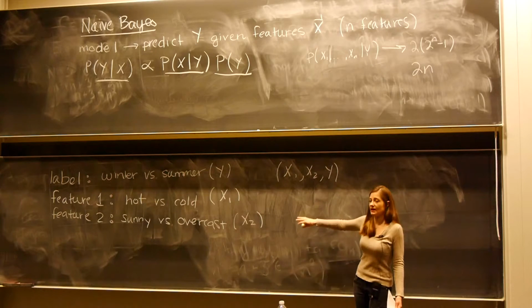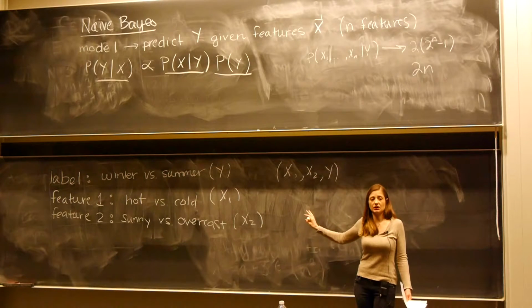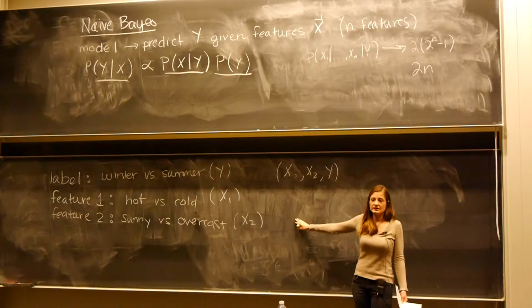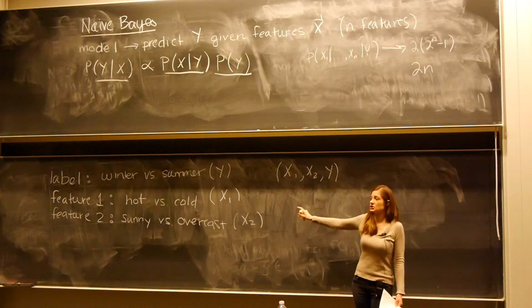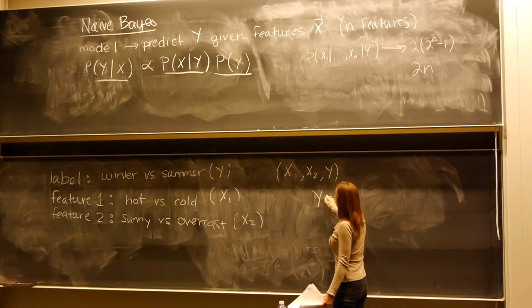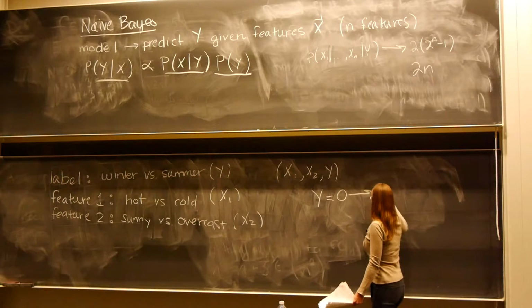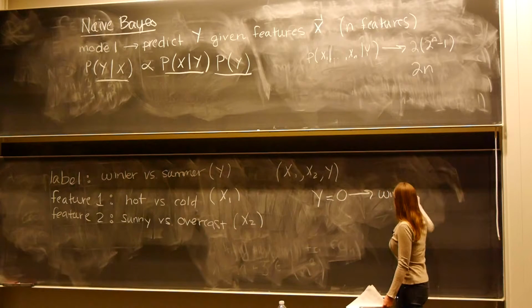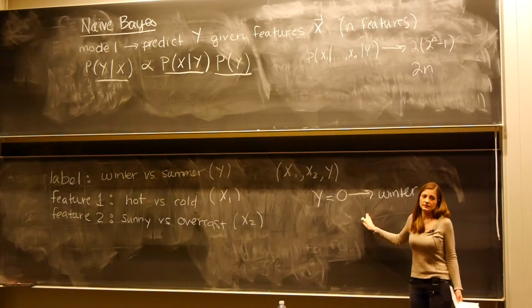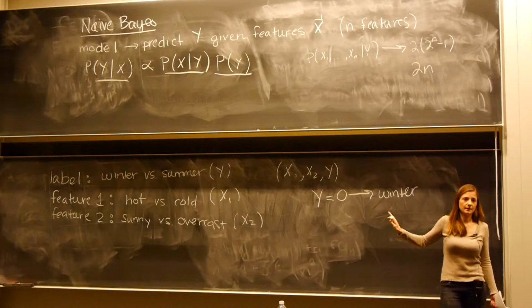Okay, so marginally they might not be independent, but let's say we condition on y. So what does that mean? First, we restrict ourselves to just looking at y equals 0. So let's say that's winter. So we only look at the days with label y equals 0.